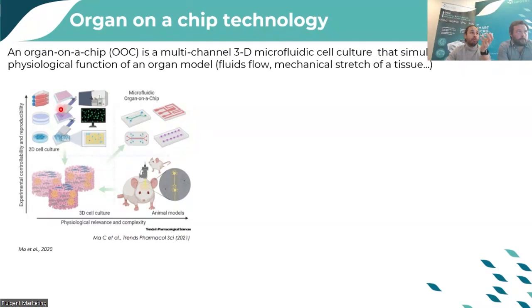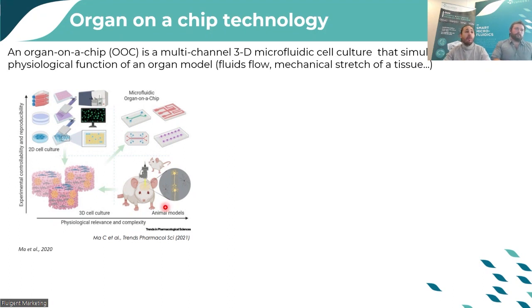They are highly reproducible, however they do not reproduce the whole environment of the cells inside the body. Then there is 3D cell culture. 3D cell culture could be a bit more relevant because you have the extracellular matrix, so you have the cells in a 3D environment. However, you are still in static conditions, so you do not have the flow of liquid.